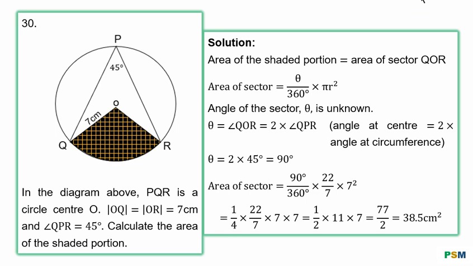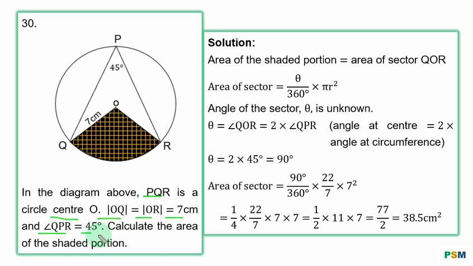Example 30. In the diagram above, PQR is a circle center O. OQ equal to OR equal to 7 cm, the two radii, and angle QPR equal to 45 degrees.